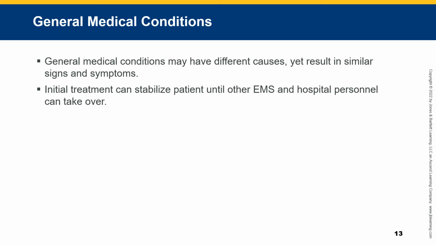General medical conditions may have many different causes, but can result in similar signs and symptoms. So you need to learn to recognize the signs and symptoms as well as providing the general treatment and following those guidelines so you can provide immediate care. The initial treatment can stabilize the patient until other EMS and hospital personnel can take over.